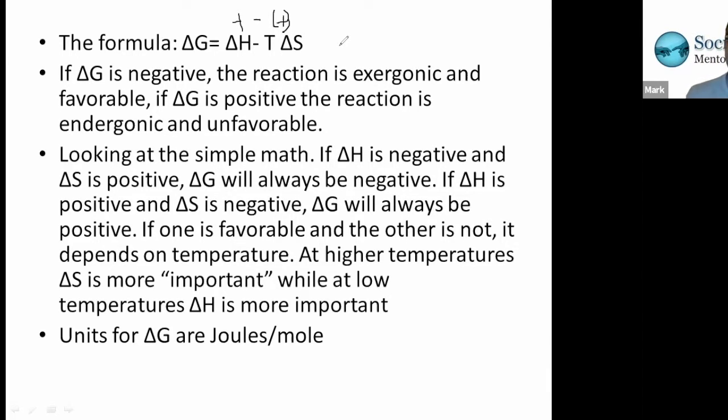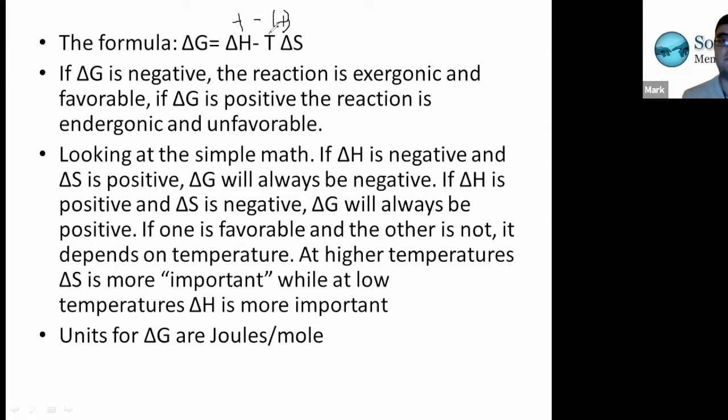So the rule in this case is that if delta H and delta S are conflicting in whether or not they're favorable, then if temperature is very high, delta S wins. Delta S is what determines whether or not the reaction as a whole will be favorable. If temperature is low, delta H is what wins, or what determines whether or not the reaction is favorable. And we can see that here.